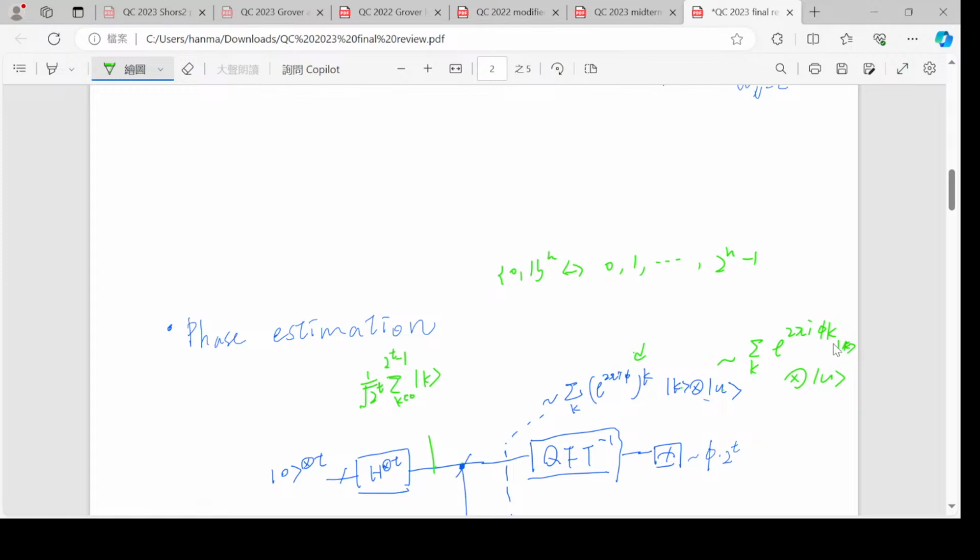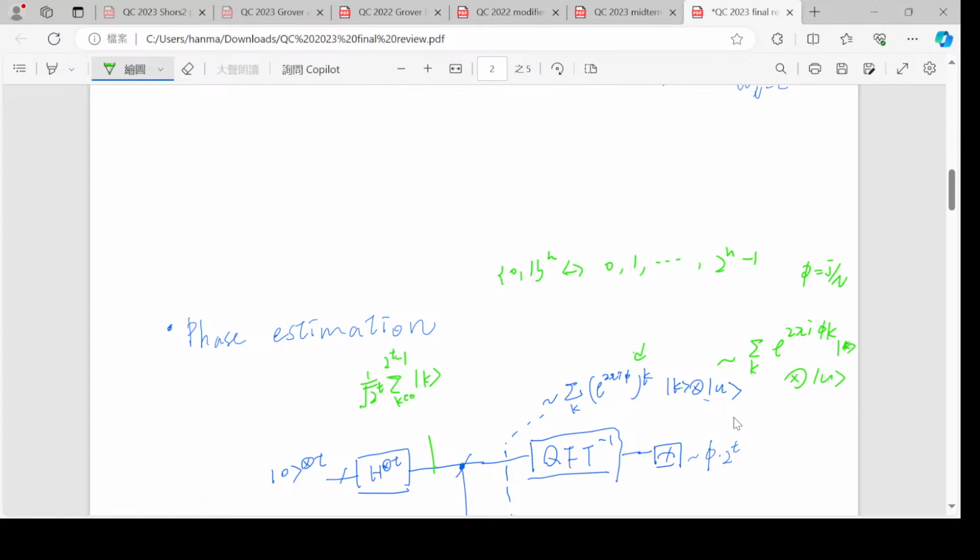Then if you do the inverse Fourier transform, you will get j here. Comparing those two things, phi equals j divided by big N, and big N is actually 2 to the t.